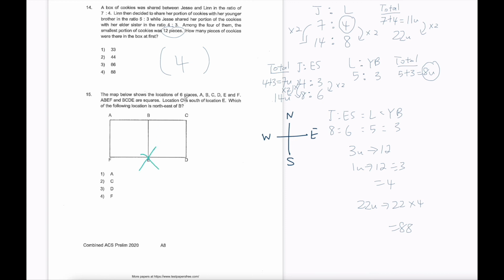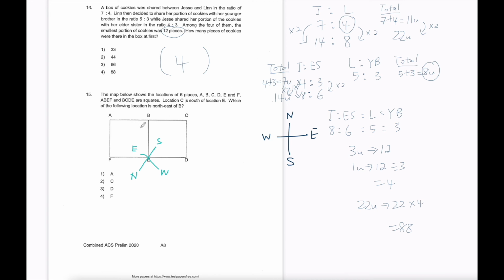Location C is south of location E, so that means my south is here. Understand? Because location C is south of E and this is E. So if this is south, this will be north. And then this will be west. And then this will be east. Understand? Because the left hand side of north, it will be west. Got it? So if I turn it around, it's going to be like that.